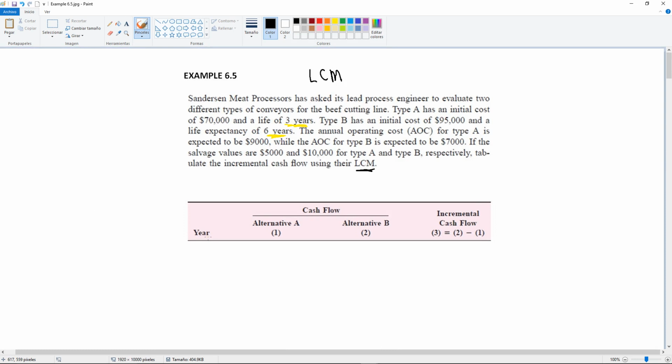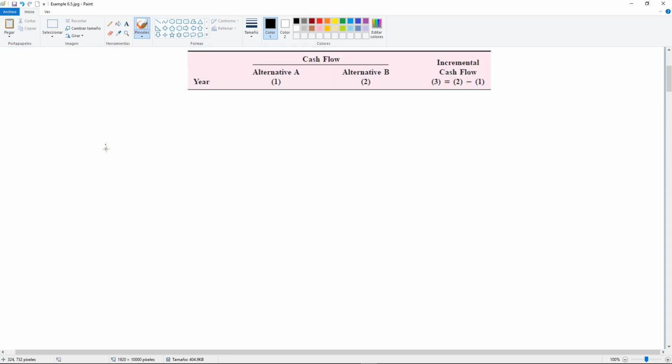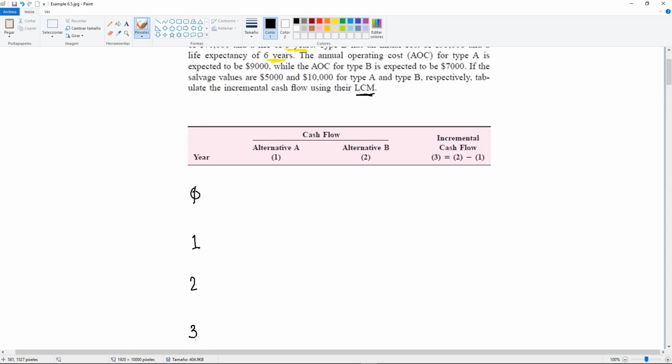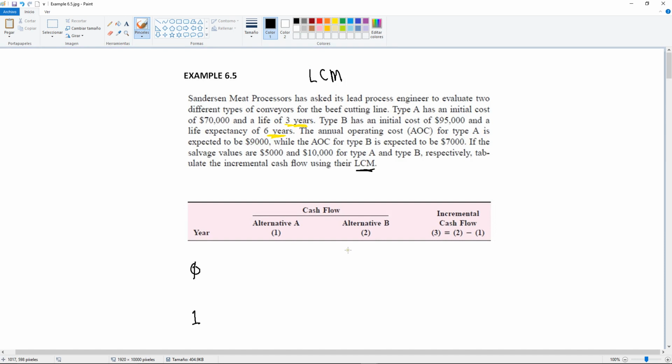So in this case, we would have to put year 0, 1, 2, 3, 4, 5, and 6.